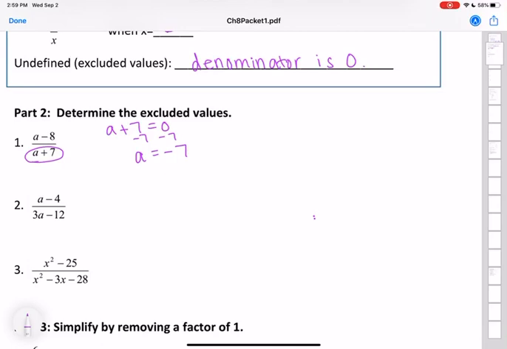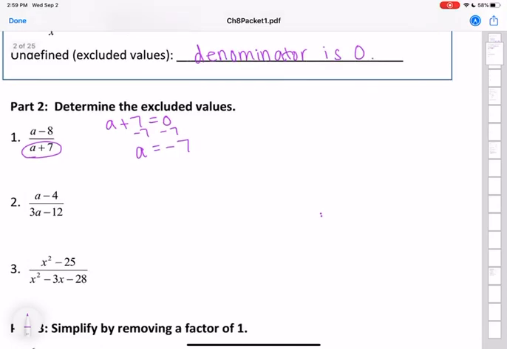Okay, for this next one, again, some of you can just look right at it. You know what it is. That's awesome. Some of you might want to write it out, so I'll go ahead and write it. I'm going to have 3a minus 12 set equal to 0 because I don't care about that a minus 4. All right. Now, I'm going to add 12 to both sides.